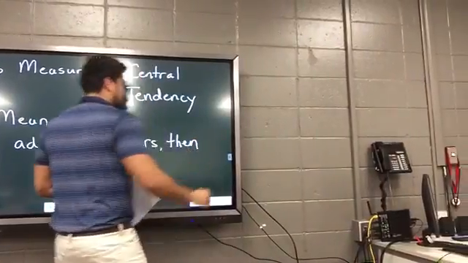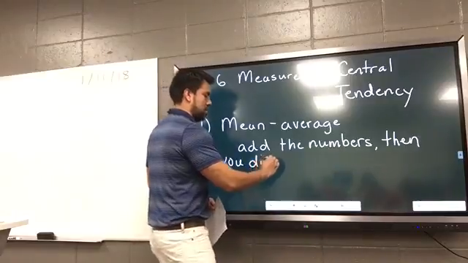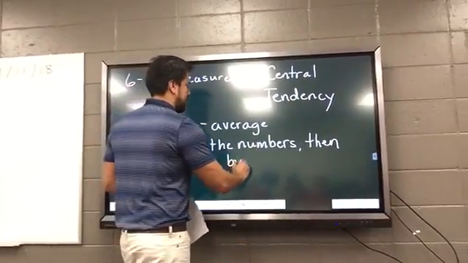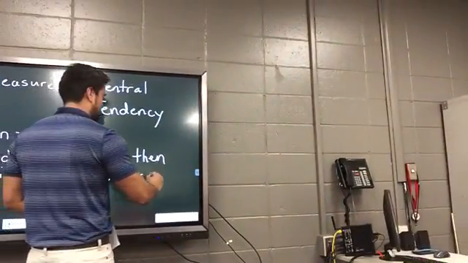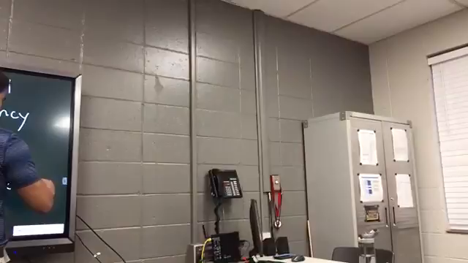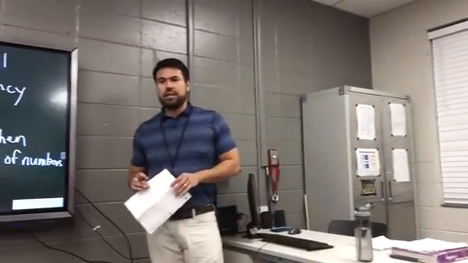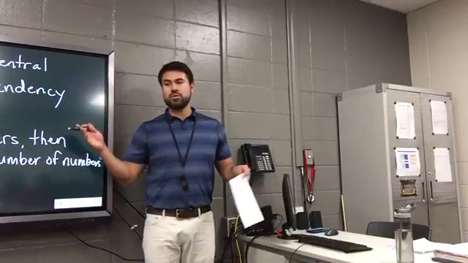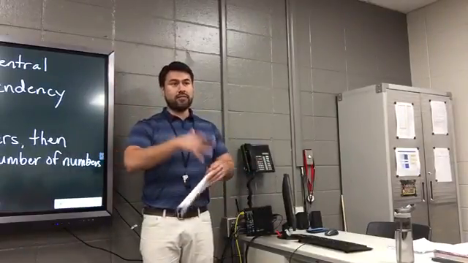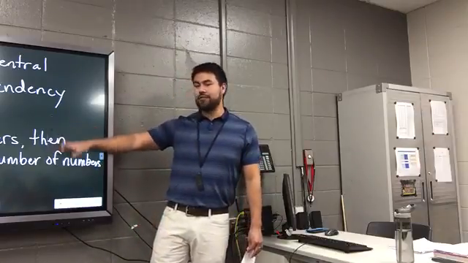Then you divide by the number of numbers, okay? That's how you find that average. And the average can be of 2 numbers, of 20 numbers, really there are an infinite number of applications of the average. But here you have how to find it.